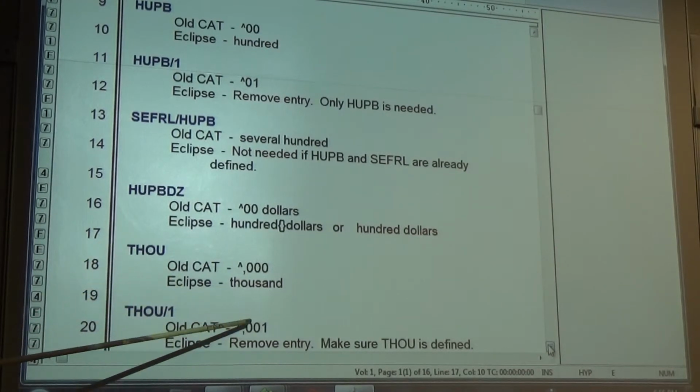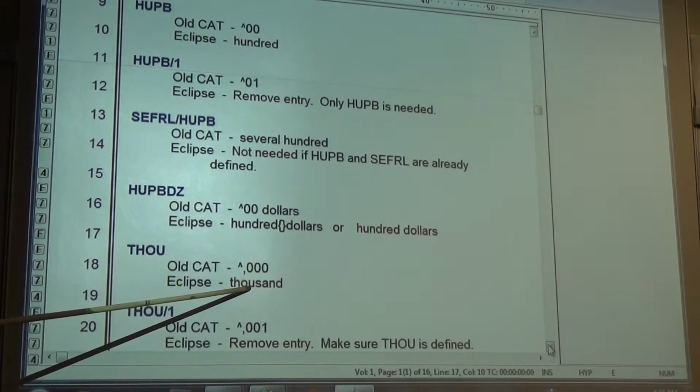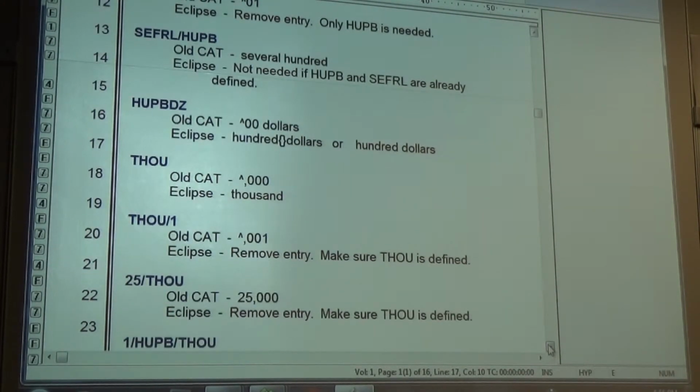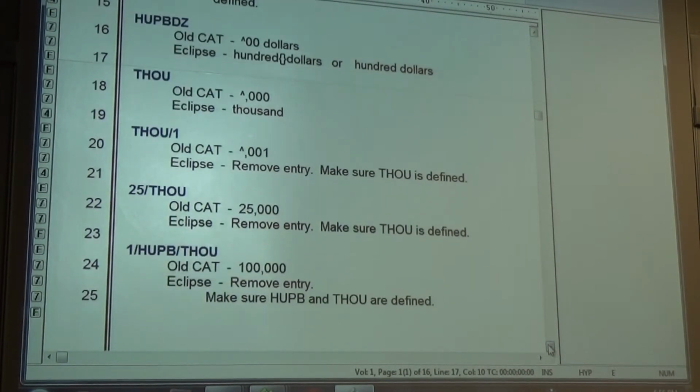Same thing on 1,000. All you need is the word. Don't write any numbers anymore. So what they're telling you right here is if you do 25,000, you don't do it like this anymore.